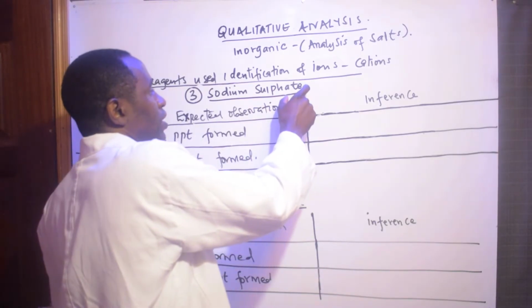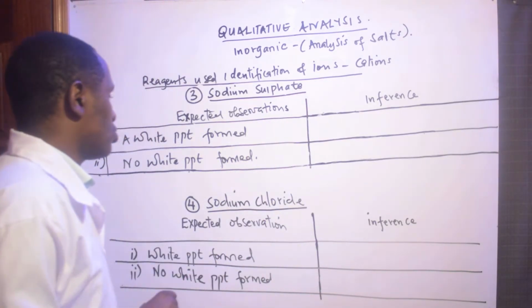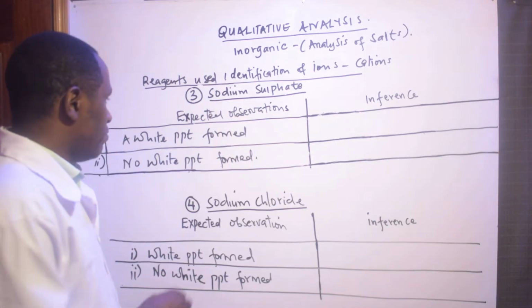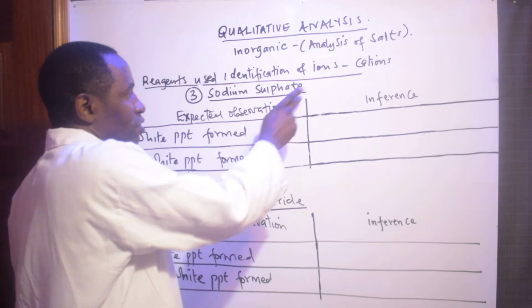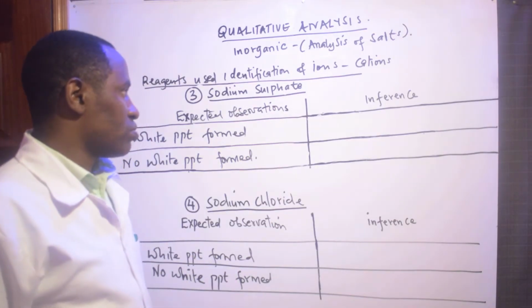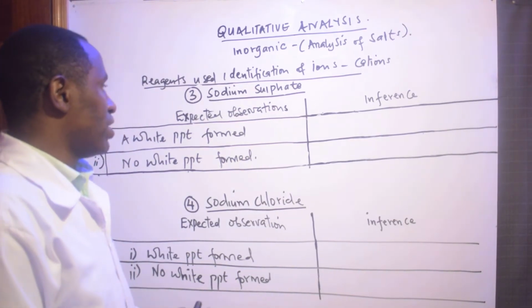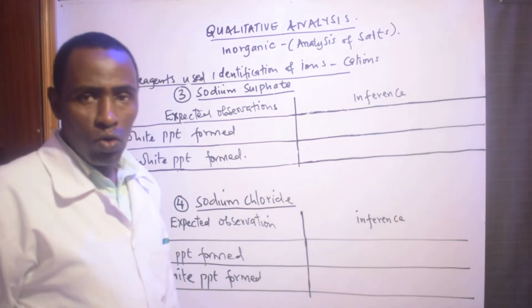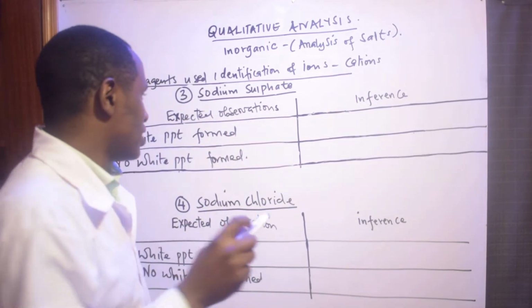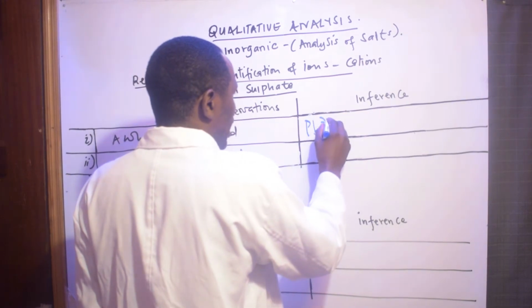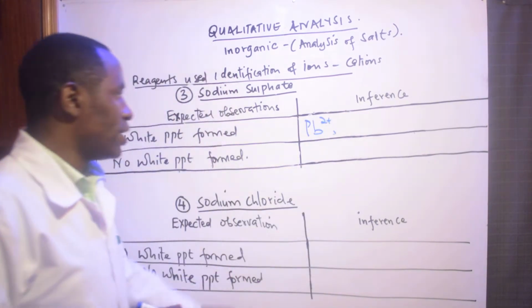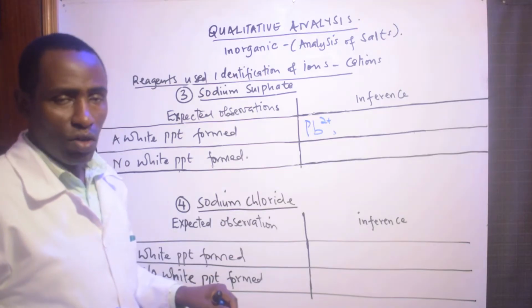If you introduce sulfate ions to any solution and a white precipitate is formed, that means that cation is forming an insoluble salt with sulfate. Now, which of these sulfates are insoluble? Therefore, I'm going to have lead ions as one of them, because lead sulfate is insoluble.